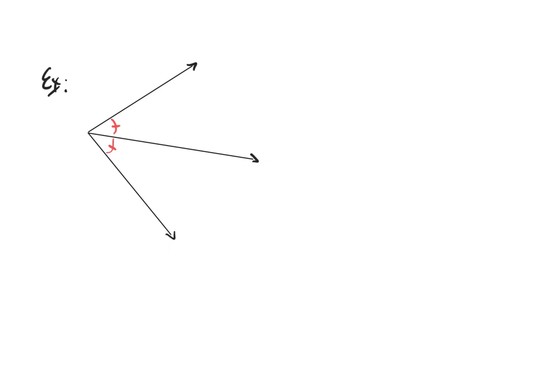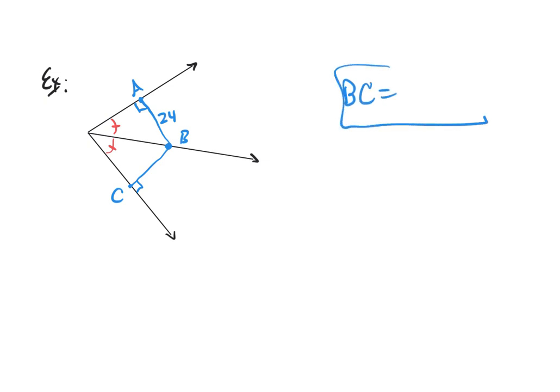And then if I pick a point somewhere on the angle bisector, so I'm going to pick that one right there, and just for the heck of it, call it A. And then I tell you the distance from B to A is, let's say, 24. What's going to be the distance from B to C? So the question might then be, what's the distance from B to C?